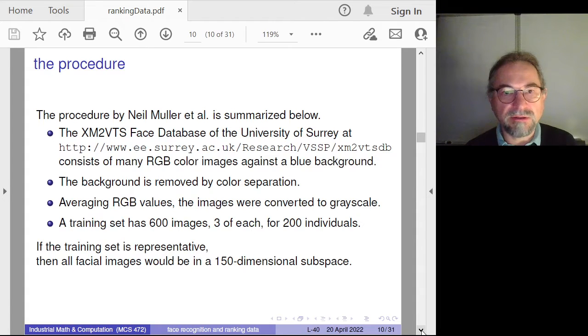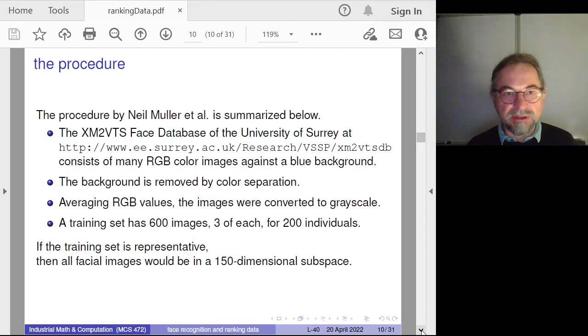Okay, following the other paper, by Neil Muller and others, in SIAM Review, I will illustrate the procedure, which is very similar to machine learning in the sense that one works with a training set, and that one uses a subset of an image database.